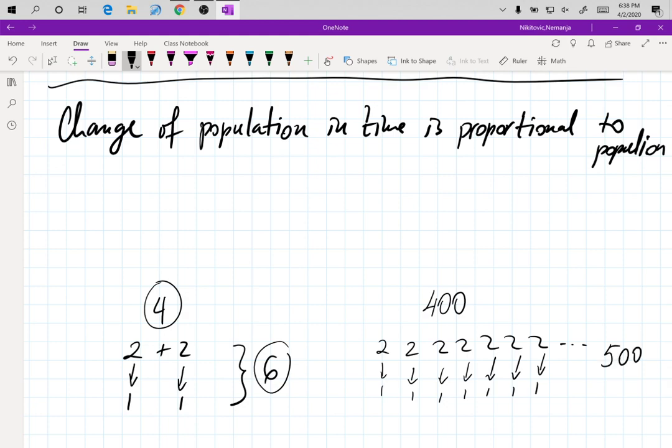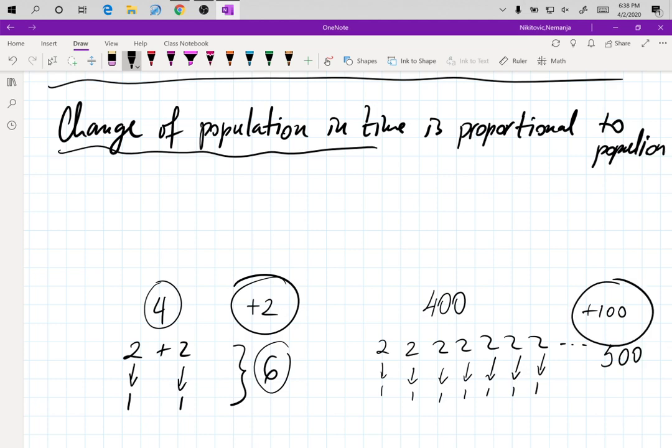So see, over here population was plus 2, over here population was plus 100. So you see that the change in population, the plus 2 and the plus 100, is the change, because it's changed from 4 to 6, and it's changed from 400 to 500, right? So the change in population in time was dependent on your initial starting population, right?